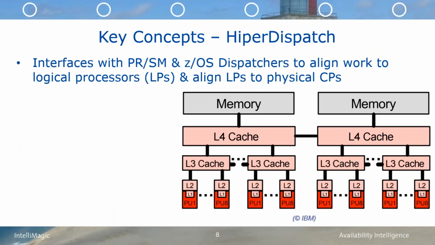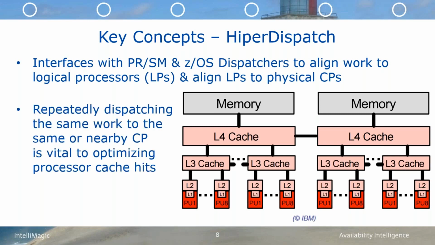Hyperdispatch includes many technologies, but the aspect pertinent to our discussion today is the Prism and z/OS dispatchers interfacing to establish affinities between units of work and logical CPs and between logical and physical CPs.